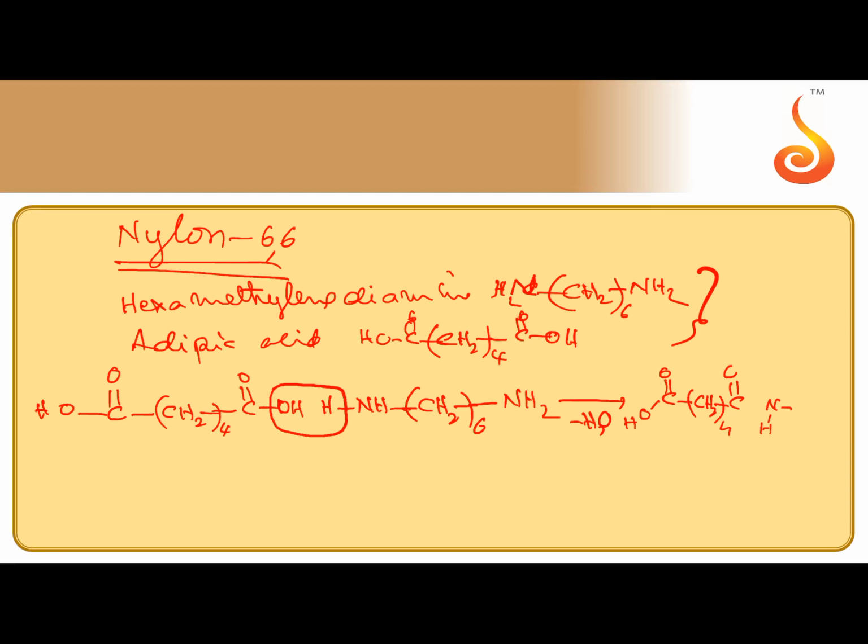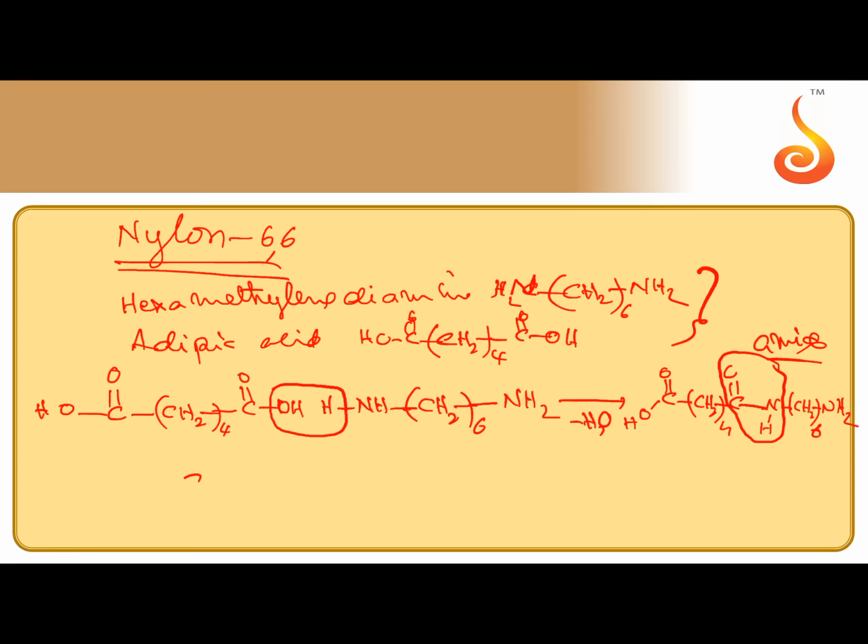From other one, NH remains present, NH, CH2 taken 6, NH2. So these two get connected through new bond, CN. So the entire group CONH is nothing but amide. That's why the polymer belongs to polyamide.